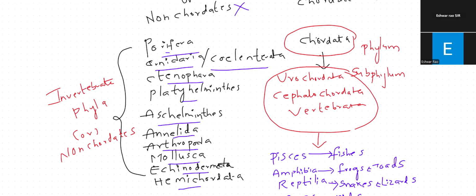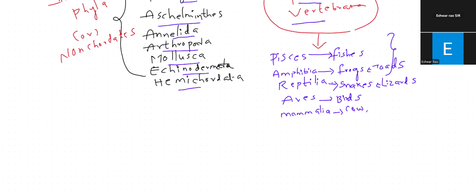And when you come to the chordates, three subphyla are included, namely Urochordata, Cephalochordata, Vertebrata, right? Vertebrata includes five classes. These are all classes. Many students get confused here, even after completion of Animal Kingdom, sometimes.